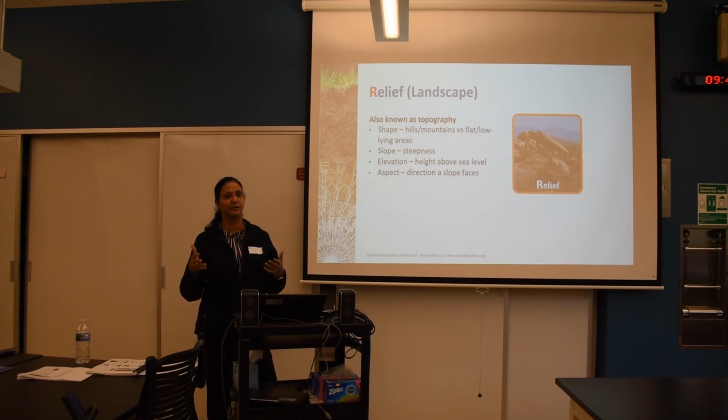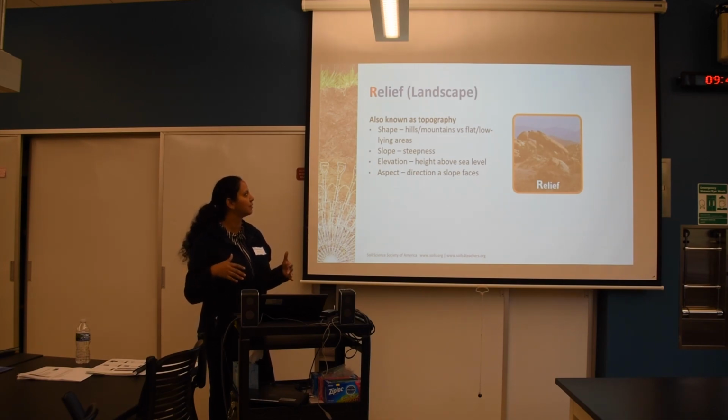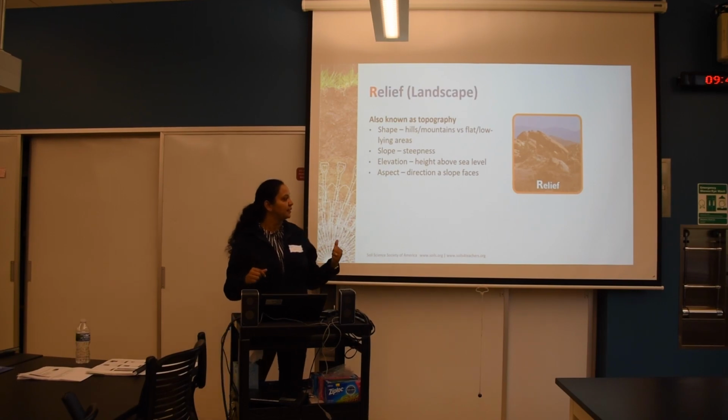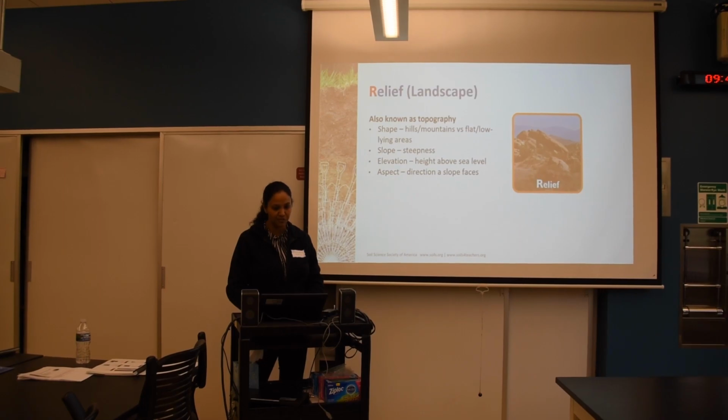The cooler, lower temperatures affect the soil formation process. The direction of the slope is another factor that influences how much sunlight the soil gets and how much the soil is drying out there. That helps with the soil formation process.